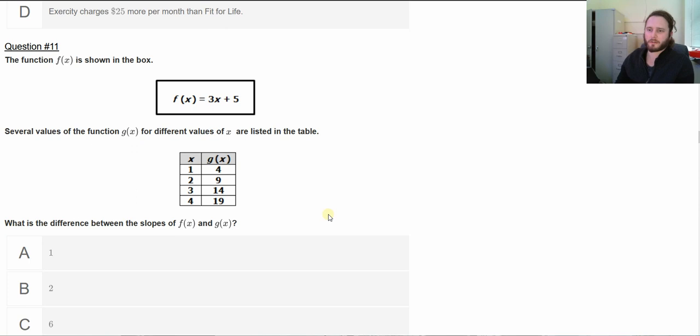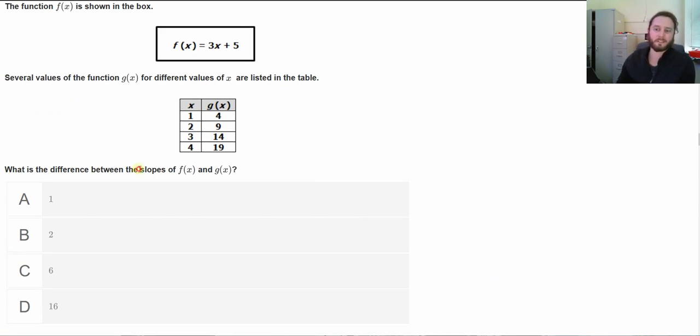For number 11, similar problem, we are asking for the difference in slopes, or the difference of rate of change, or the difference in the m value in our equation. So pause it, see if you can identify it on this one, now that we just did the one before it. Okay, assuming you paused it and did try that, for this one, we can see the slope here is just positive 3.